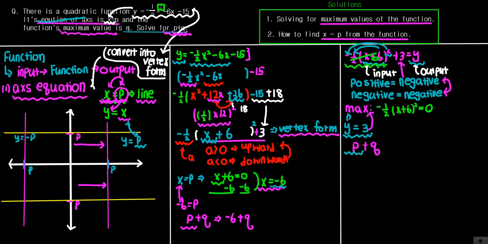So we can convert this into negative 6. And for the q value, we know that it is positive 3. If we add them, it gives us an output, which is the answer, negative 3. So we can see that our answer for this question is negative 3.